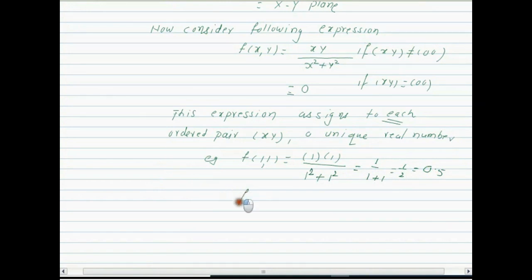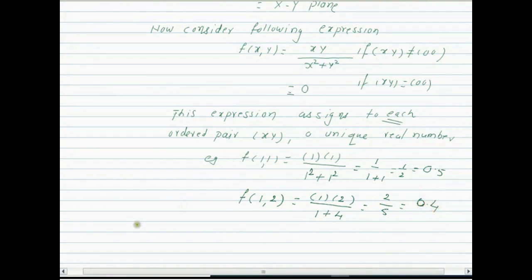Similarly, if you find f(1, 2), replace x by 1, y by 2, you get 1 into 2 upon 1 square is 1, 2 square is 4, so 2 into 1 is 2, over 4 plus 1 is 5. So this is 0.4.